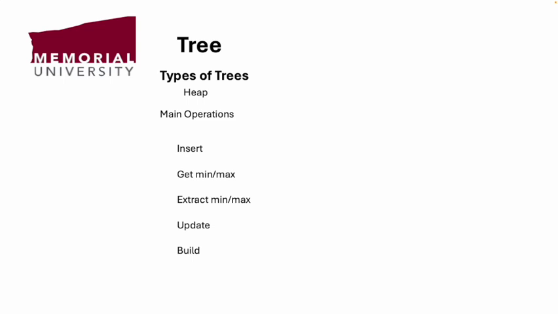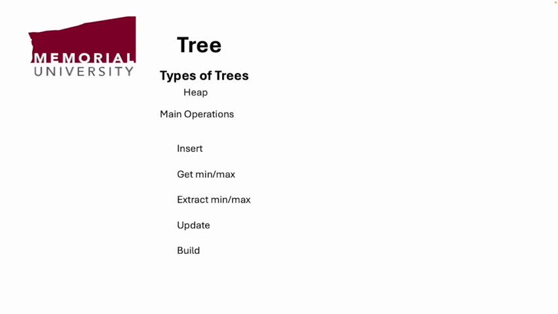All right, okay. Main operations regarding heaps. Insert, of course, we have insert. The purpose of inventing this kind of tree structure is that we want to get the maximum or minimum, right? So we have a function to get the maximum or minimum.